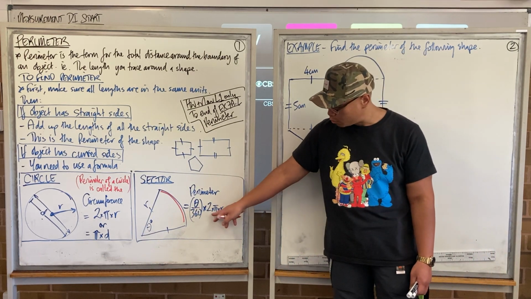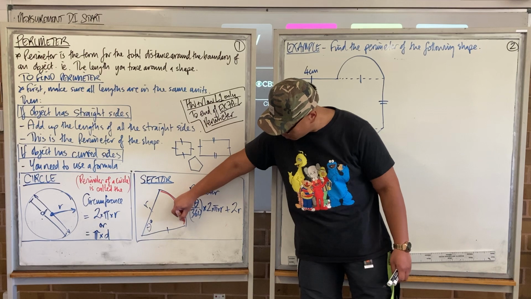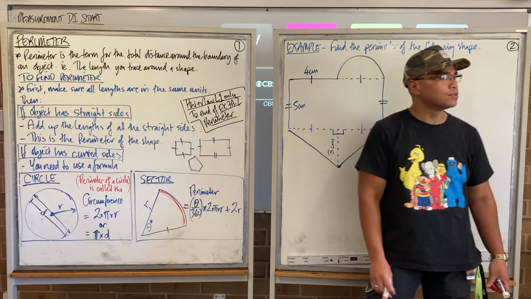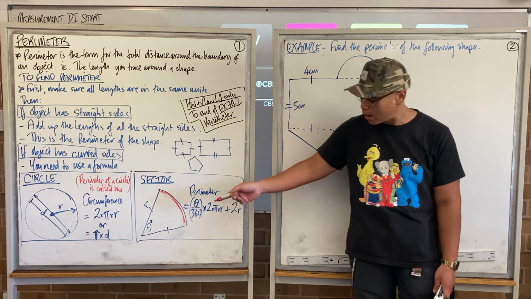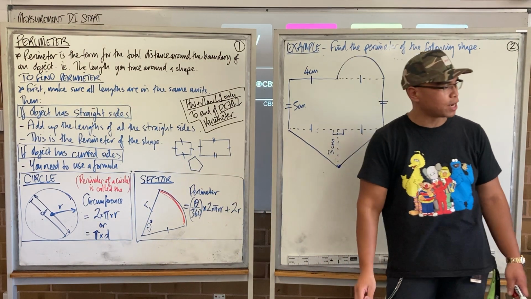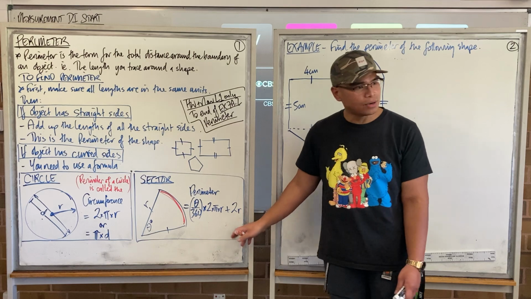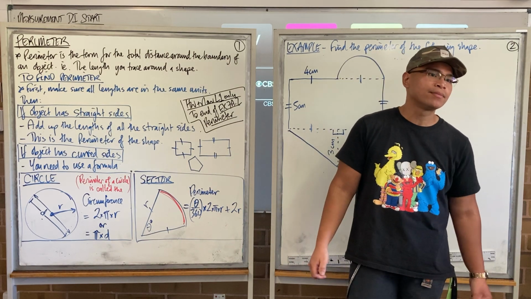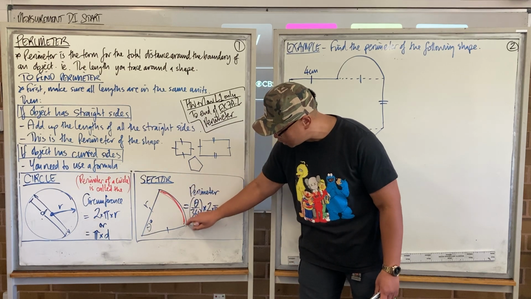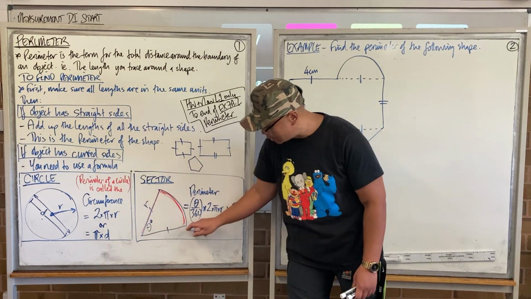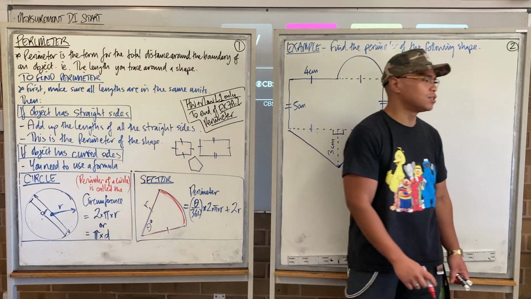I times it by 2 pi r, which is going to tell me how long that curved part is. But this part's weird. What's the 2r? If I'm finding the outline of that pizza shape, can someone tell me where the 2r comes from? The sides. Because the perimeter of this thing is a curved bit, and then a side, and then another side. So please don't be tricked by that.